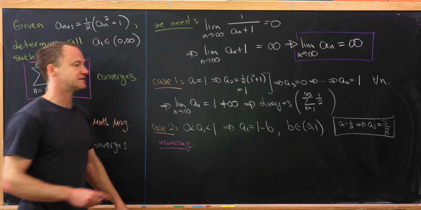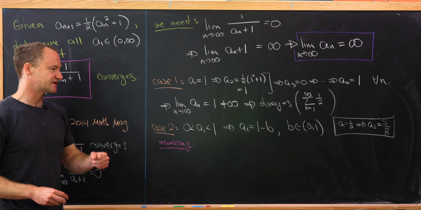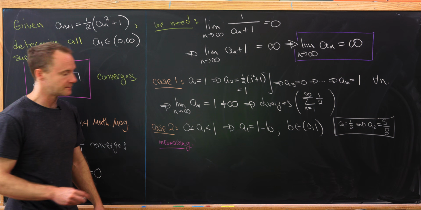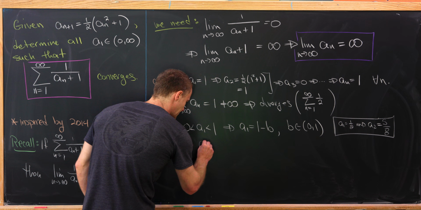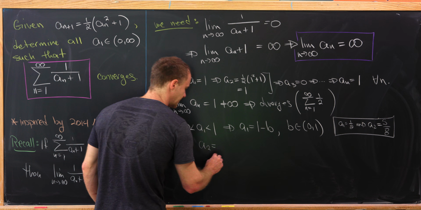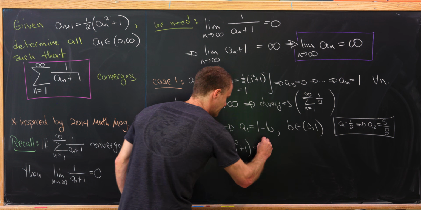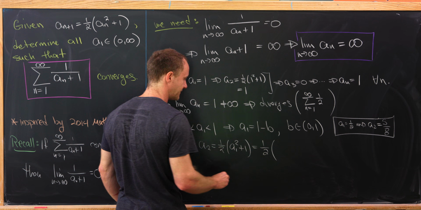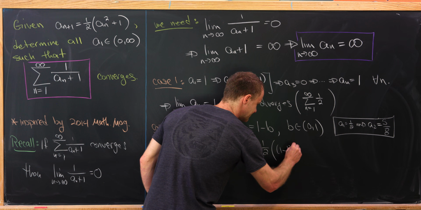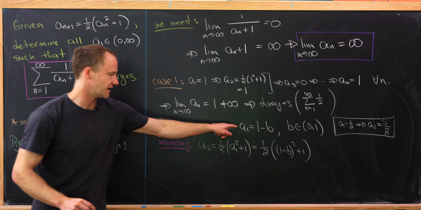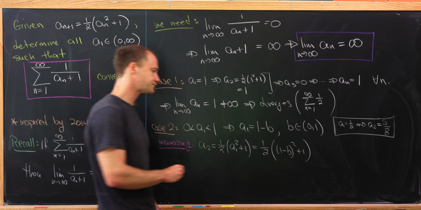So let's do this by induction, and we'll do a base case to show that a1 is less than a2. Okay, so let's write a2 here is going to be equal to 1/2 times a1 squared plus 1, but I can write that as 1/2 times (1 minus b) squared plus 1, given the fact that we've written a1 in that form.